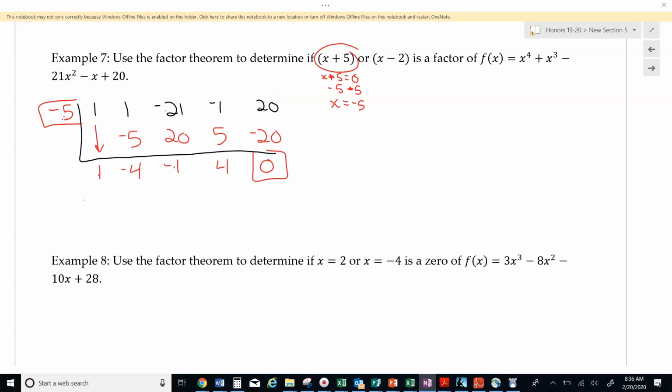Okay, so x plus 5 is a factor because the remainder is 0.